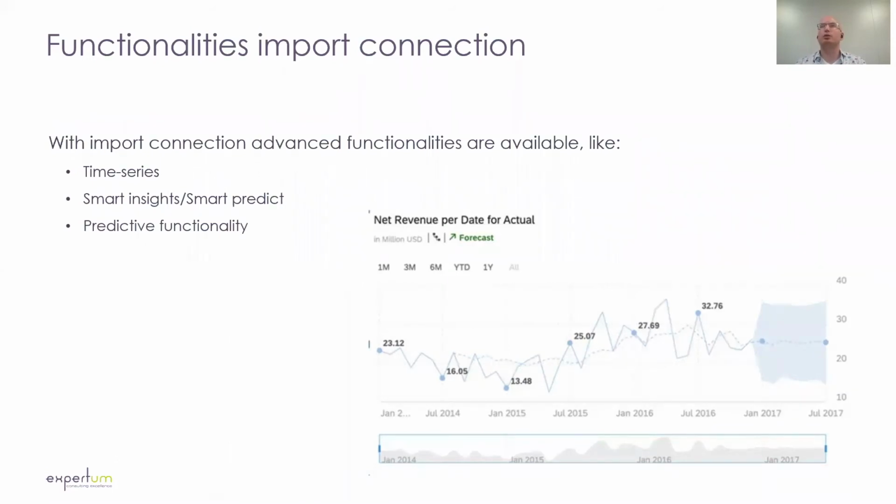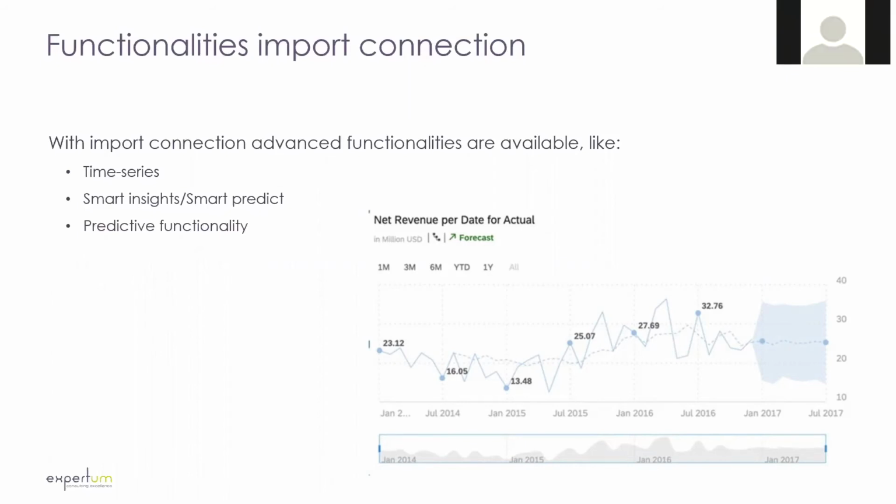With the live connection, there is no data on the cloud, and the user that you use to log into SAC is your BW user, and it's also connected to your BW credentials and to the restrictions that you have on BW, because it's on BW basically.